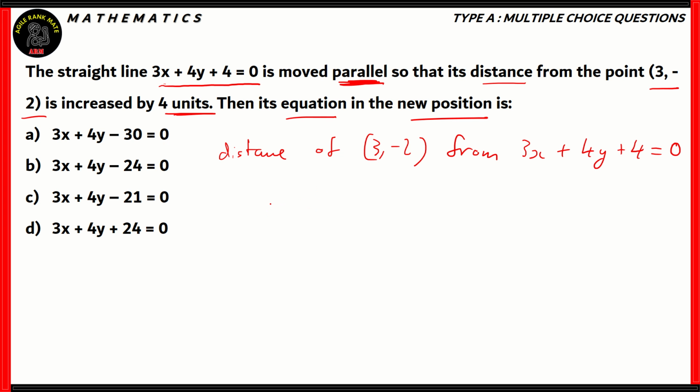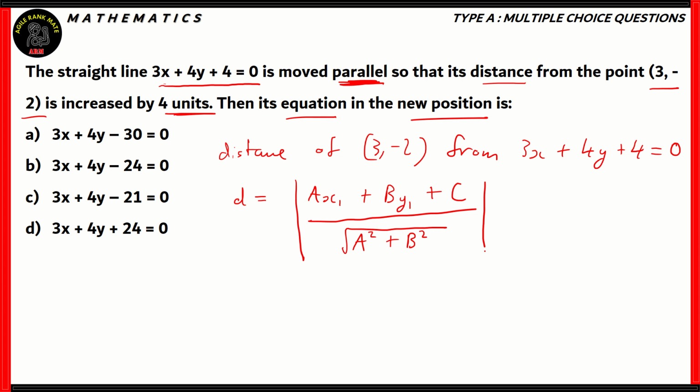Now, the formula for distance in this particular scenario is |ax1 + by1 + c| divided by the square root of a squared plus b squared, and all of this is kept under a modulus. Now, a, b, c stand for the coefficients and the constant in the straight line.